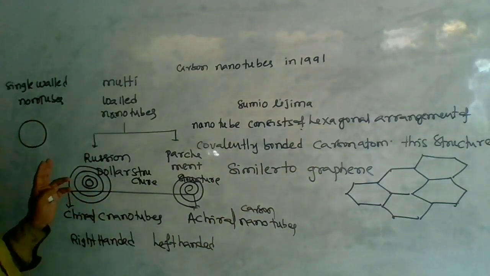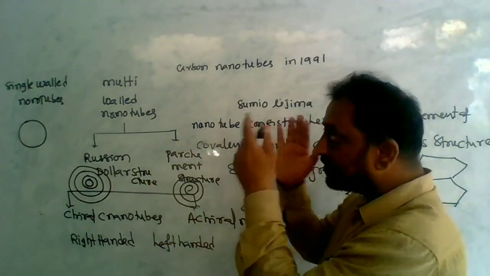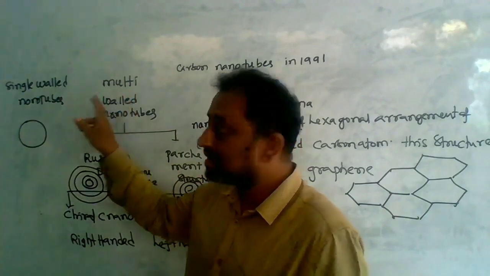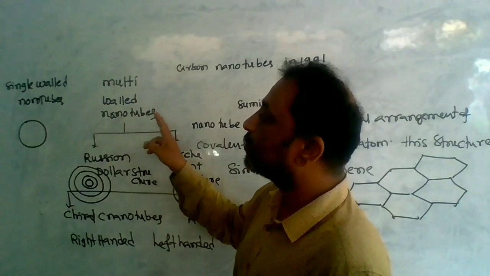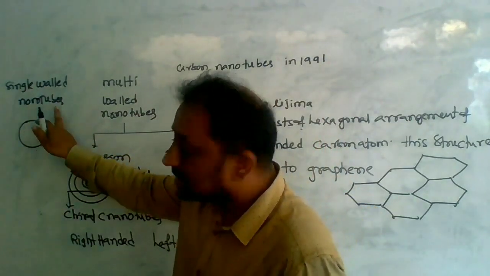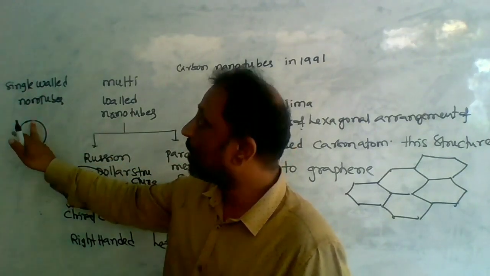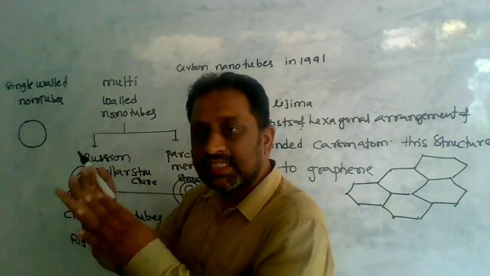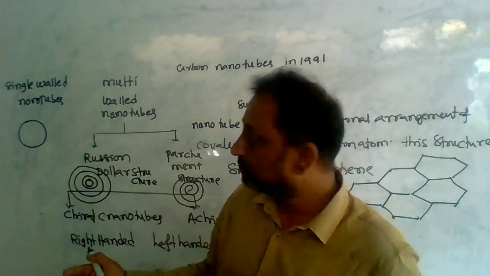Nanotubes are further divided into two types based on the number of graphene sheets: single-walled nanotubes and multi-walled nanotubes. Single-walled nanotubes consist of a single graphene sheet, one graphene crystal sheet.